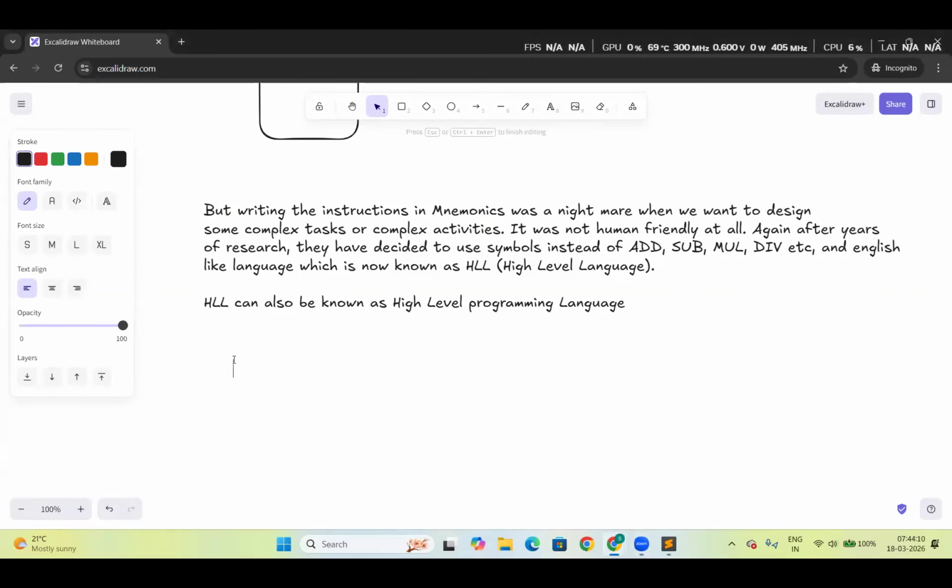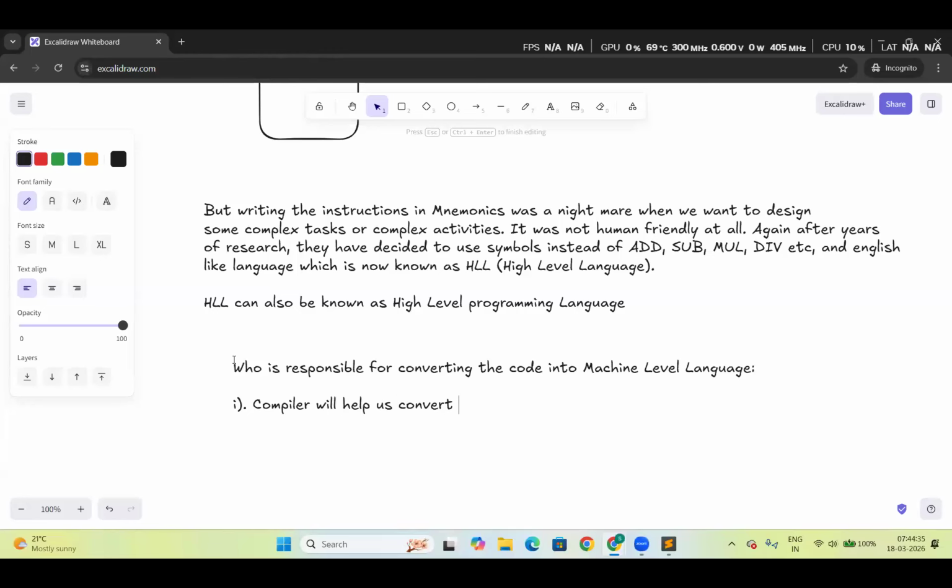Who is responsible for converting the code into machine level language? Now we are writing something in English standard. Who is responsible for converting the code into machine language? Here comes the concept of compiler, which will help us convert the HLL to MLL.